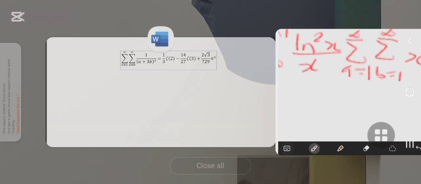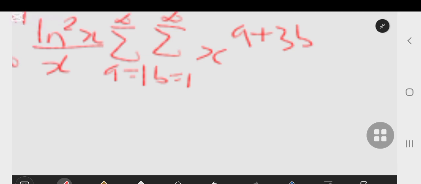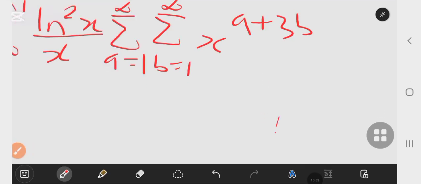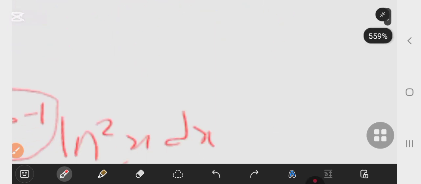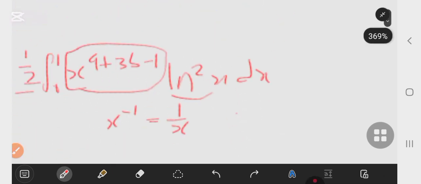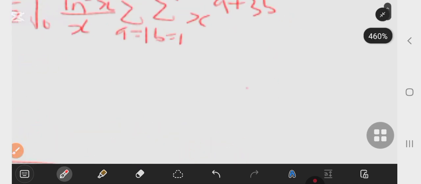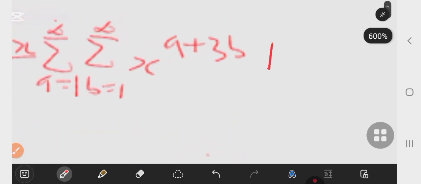Okay, so what next should I do? The next thing I'll do is to bring in the last element here, which is dx. So this is dx.